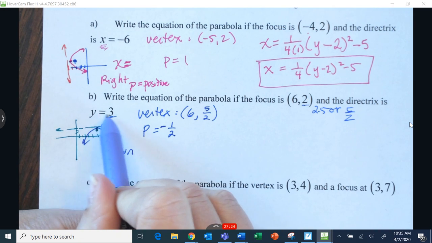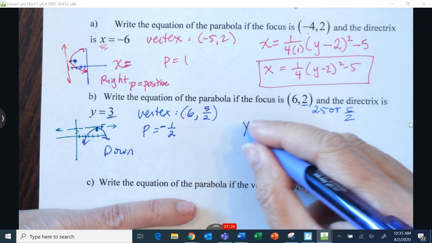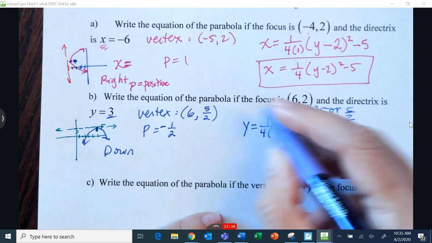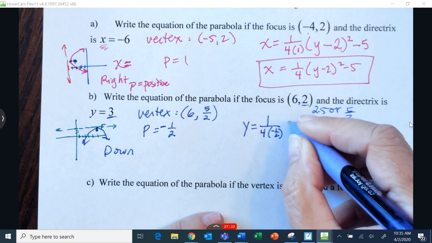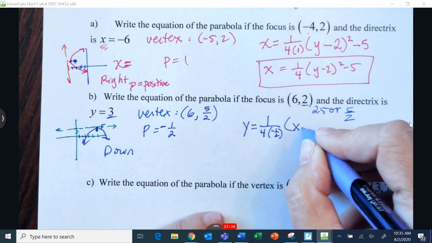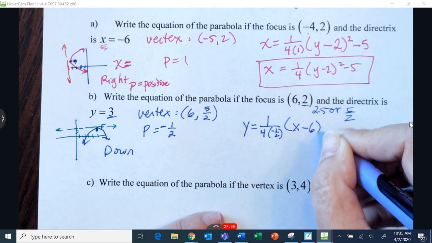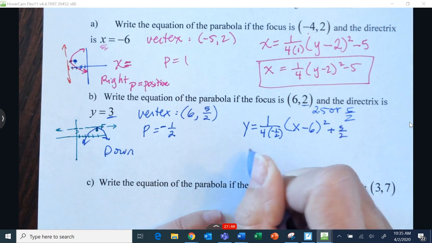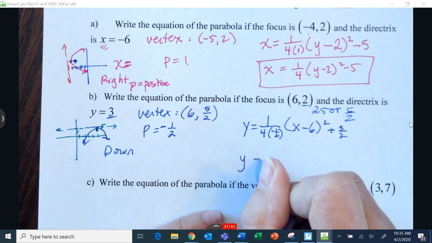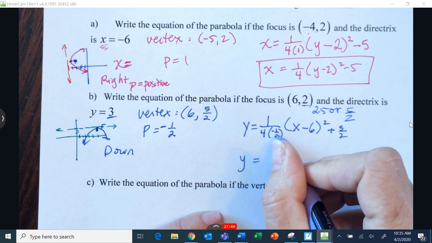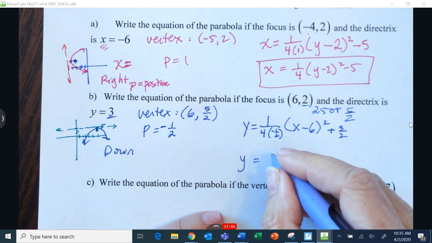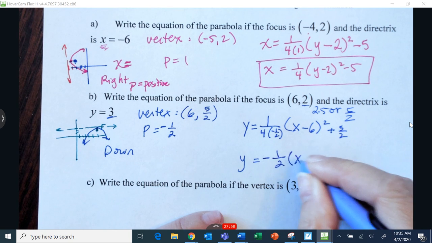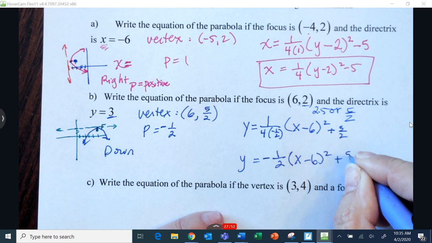And y equals over here tells us this is a y equals equation. So we go 1 over 4 times our p-value, and then we do (x minus h) squared plus 5/2, our k. Then we're just going to simplify this. y equals 4 times -1/2 is -2, so -1/2 (x minus 6) squared plus 5/2.